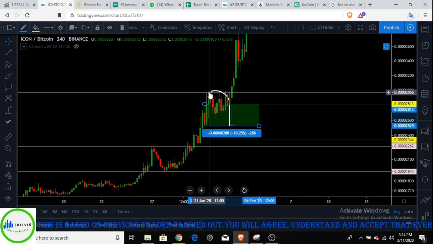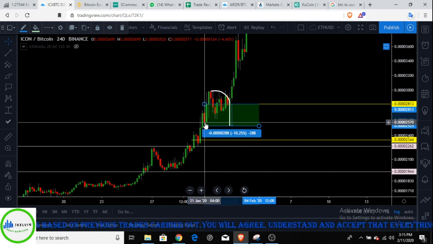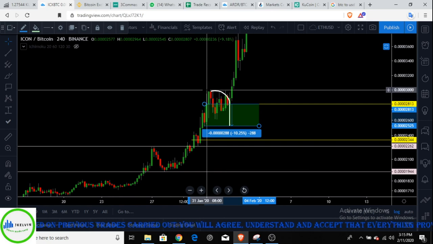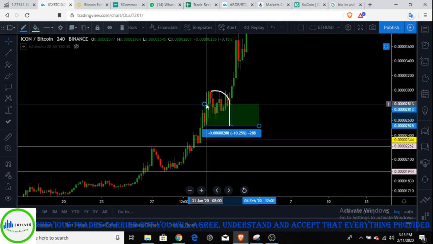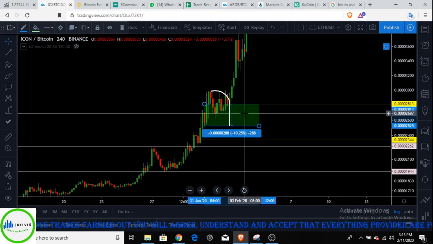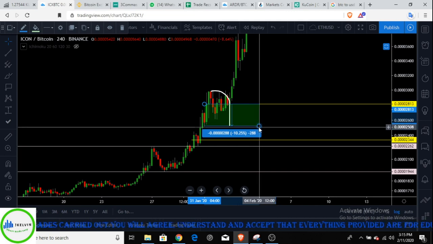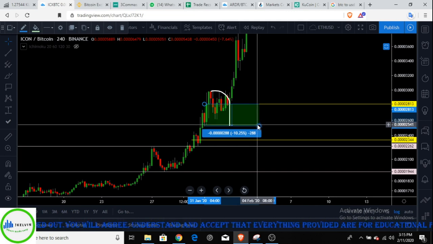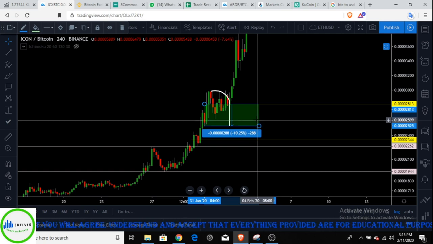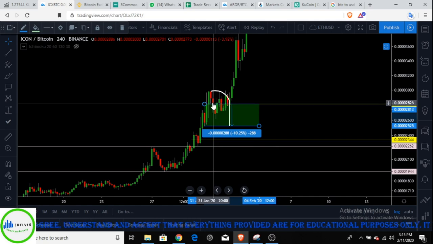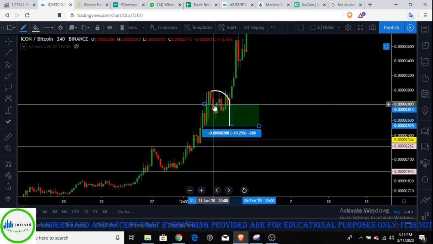Now this consolidation you are seeing here, it did not go down from this level, which is your take profit. It did not go down to 10%. It only came down back to 7%. So now you have your 20% still locked in.